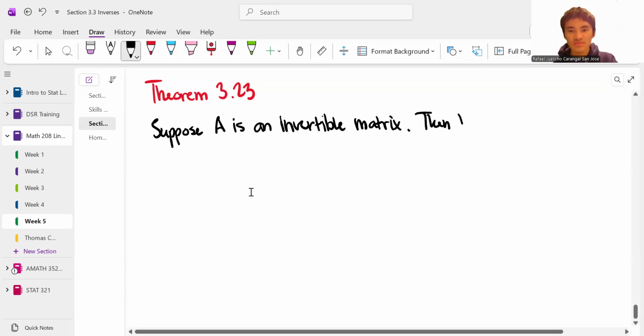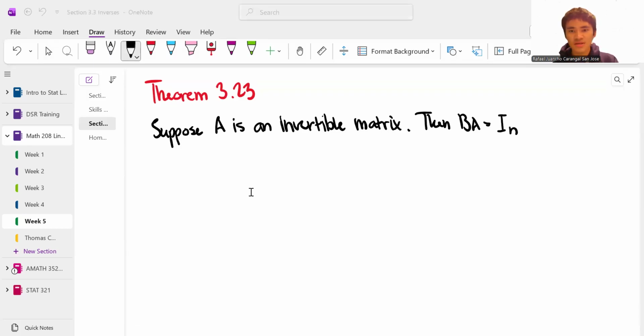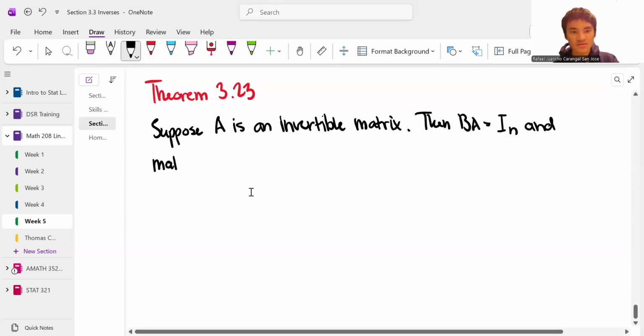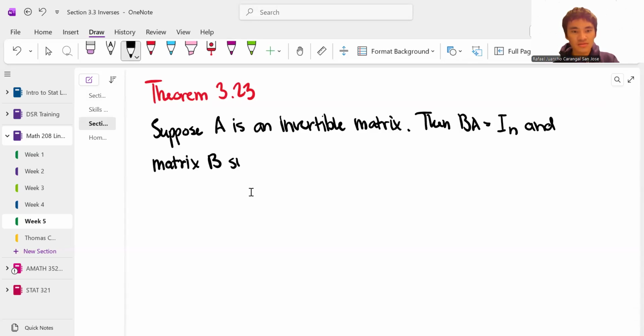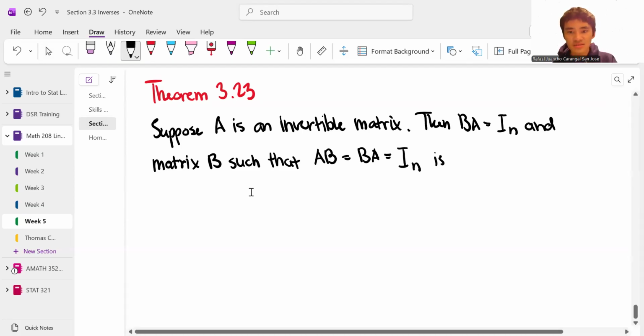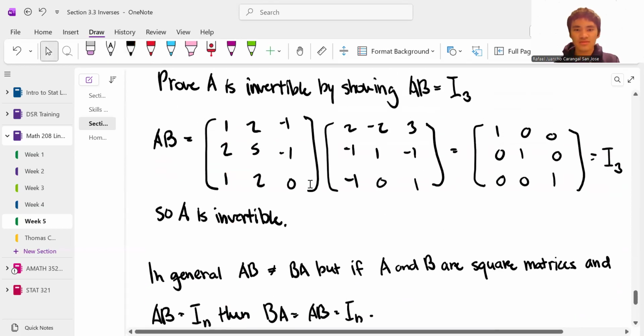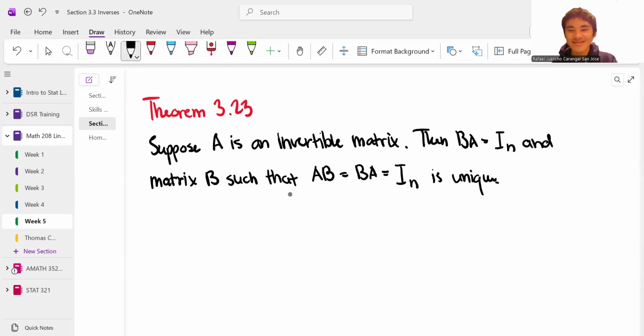We say that there is a matrix B such that AB equals BA equals I sub n. This matrix B is unique. What does it mean for it to be unique? We'll find out. We'll know what that definition is.